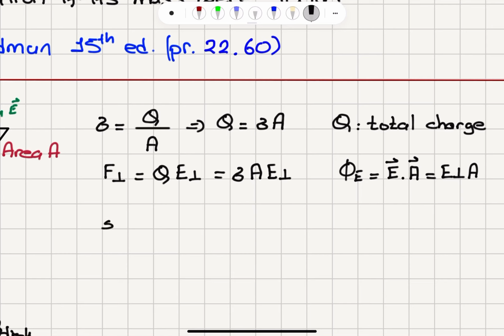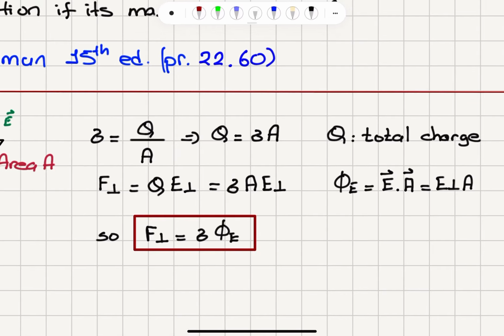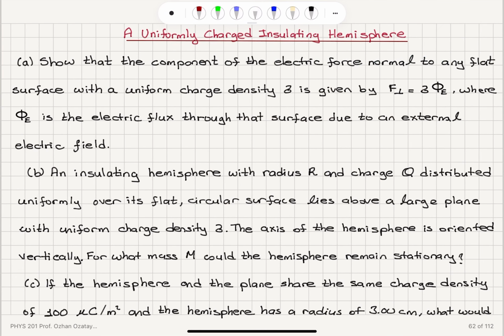So we find that the perpendicular force on this charge distribution will be equal to sigma multiplied by area times the electric field perpendicular component, which is the electric flux. So this was the suggested result in the problem statement. All right, so we showed that F perpendicular is sigma times phi E.